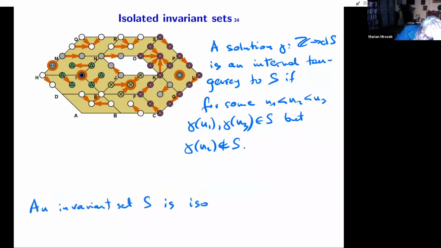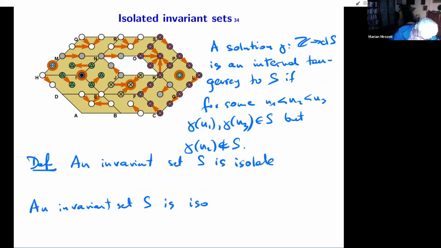So I just want to exclude internal tangencies, so definition: an invariant set S is isolated if it does not admit an internal tangency.